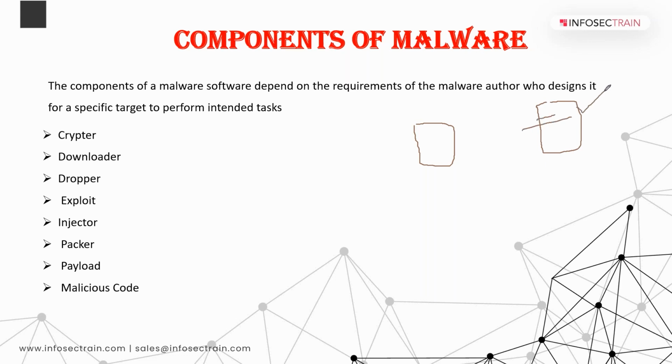That is the attacker's objective. One attacker's objective is to steal personal information from the system, and another's is to lock that particular system's files. Different attackers have different objectives, so based on the objective he will build a malware, and for that they will use different types of components.